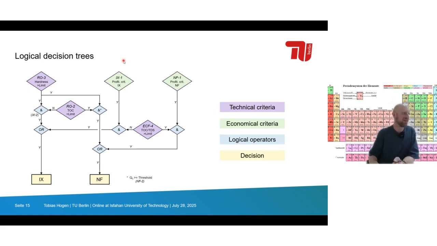Okay, so of course, next to economic criteria, we have to check technical criteria. From my literature research, I set up the basic ones, like, for example, hardness has a limit for treatment with RO, organics has a certain limit, and so on.